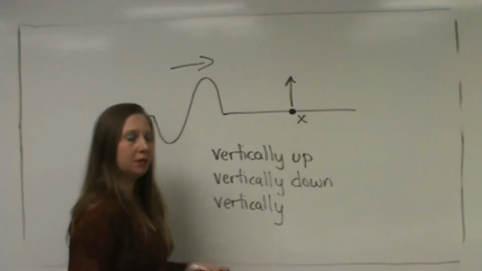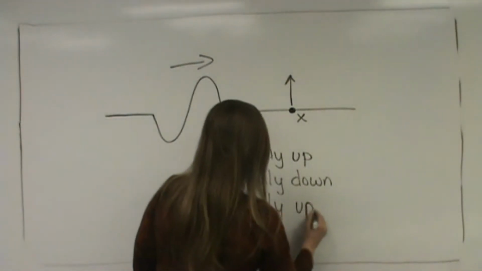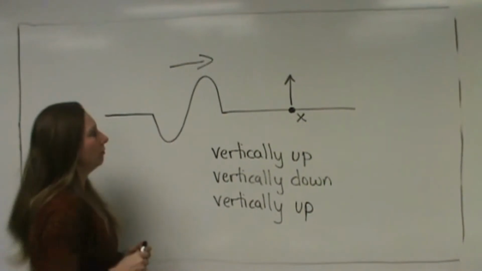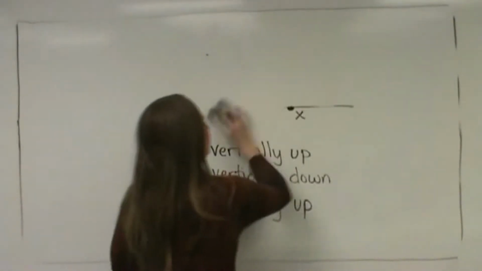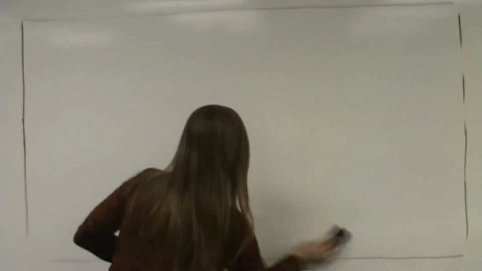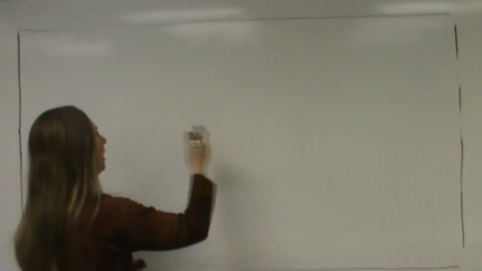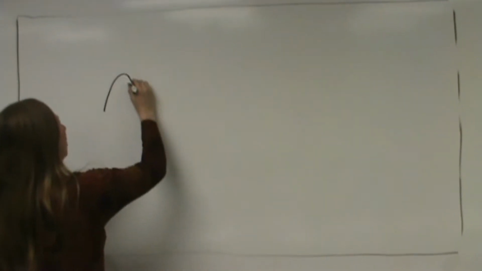All right? We could try one more question like that. I'll make an entire periodic wave, a couple of wave cycles, 1, 2, 3. There's 3 wave cycles.